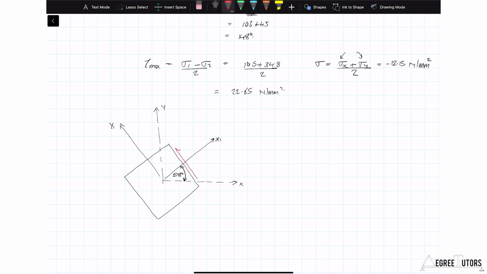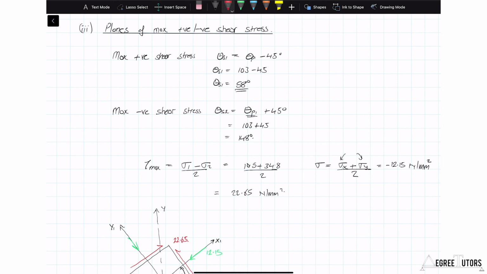Which we now know sets up all of my other shear stress arrows. And we can draw on the normal stresses as well. We said the normal stress was a compressive 12.15, and that's going to be the same on all sides. So this is 12.15, and the shear stress we said was 22.65.